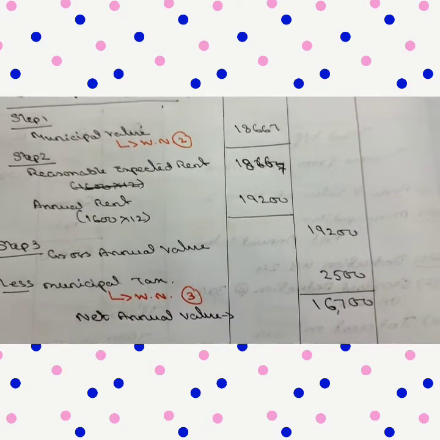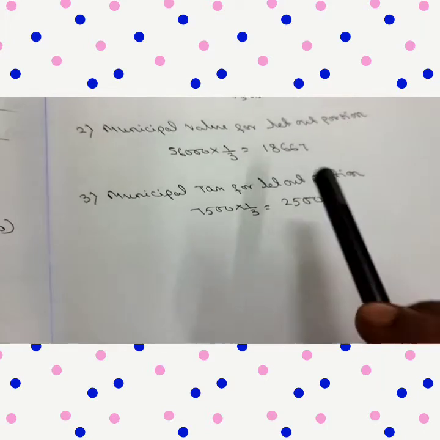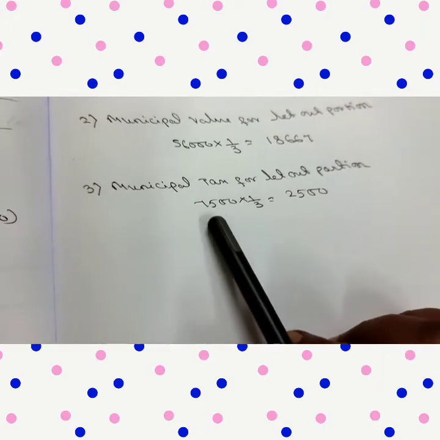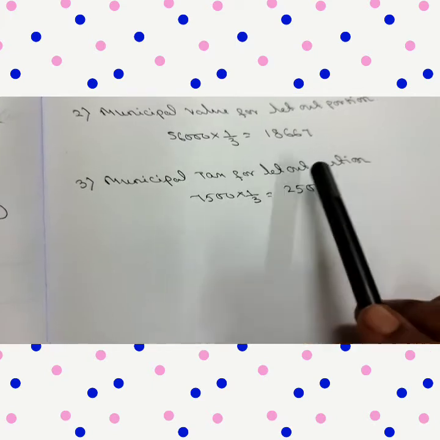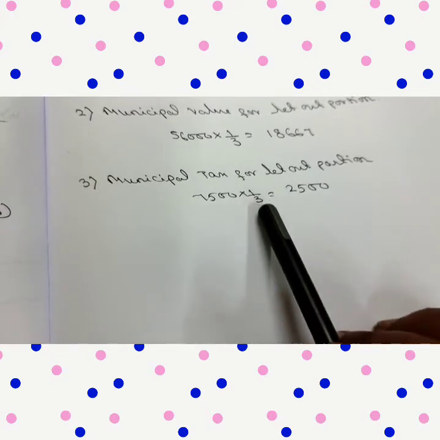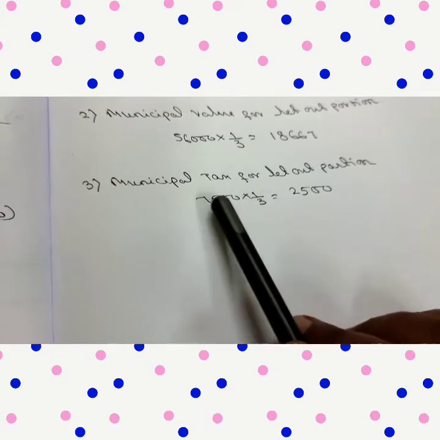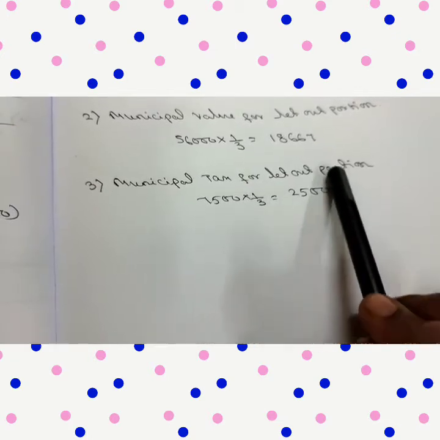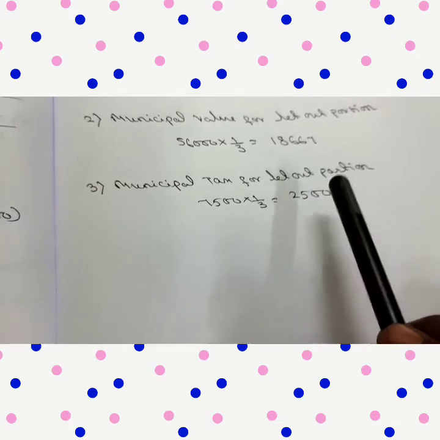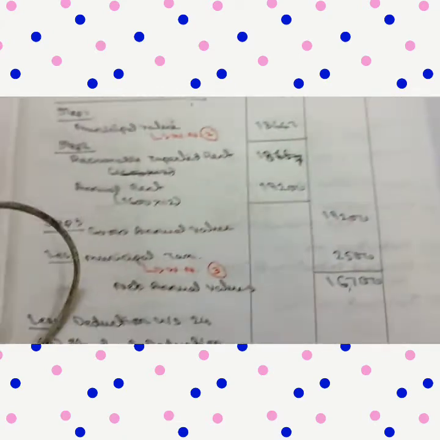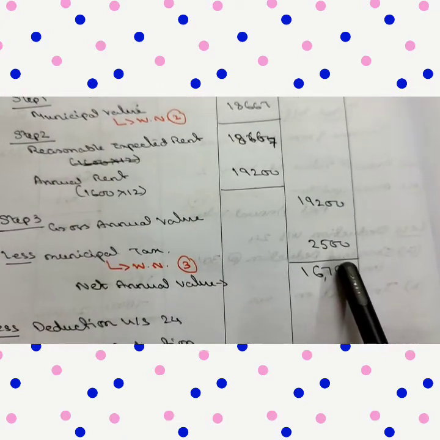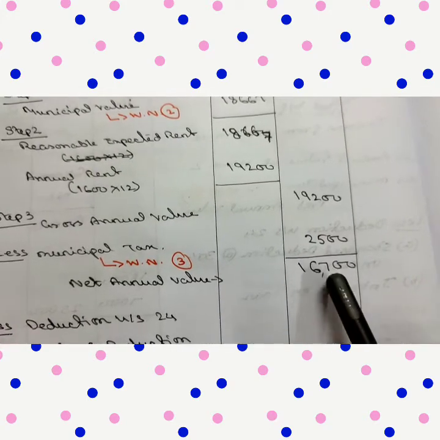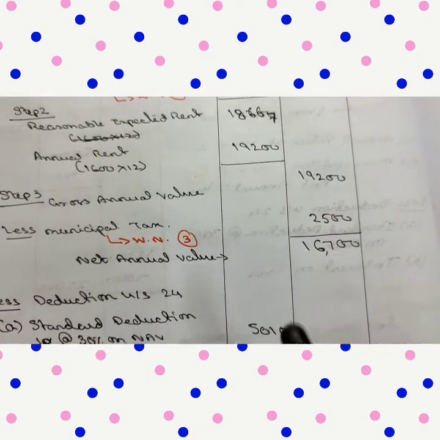There is also a working note because total municipal tax is 7,500 for the entire house. Now we are taking only the let out portion, and let out portion is 1/3. So 1/3 of 7,500, that is 2,500, is your deductible municipal tax. So municipal tax is deducted 2,500 and net annual value comes to 16,700.